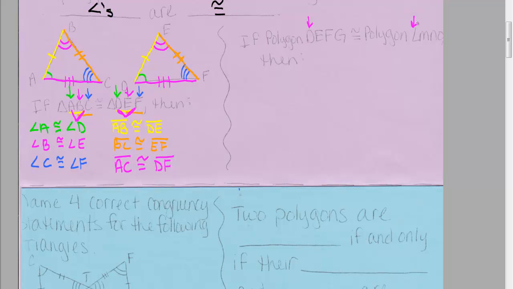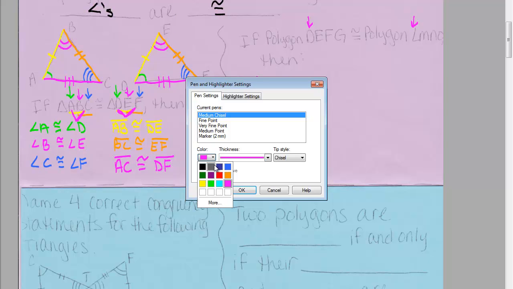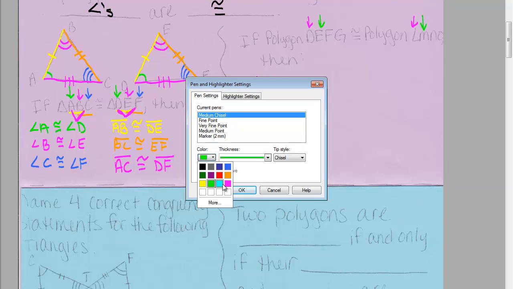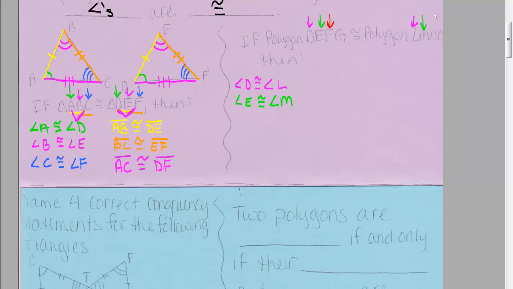Angle D is congruent to angle L. Next, angle E is congruent to angle M. Angle F is congruent to angle N. And lastly, angle G is congruent to angle O.